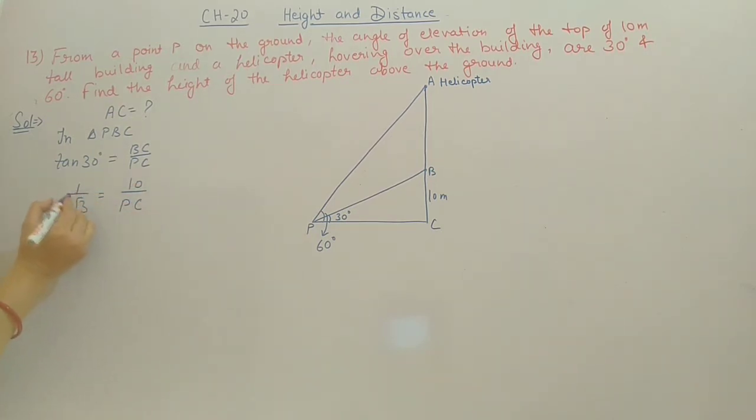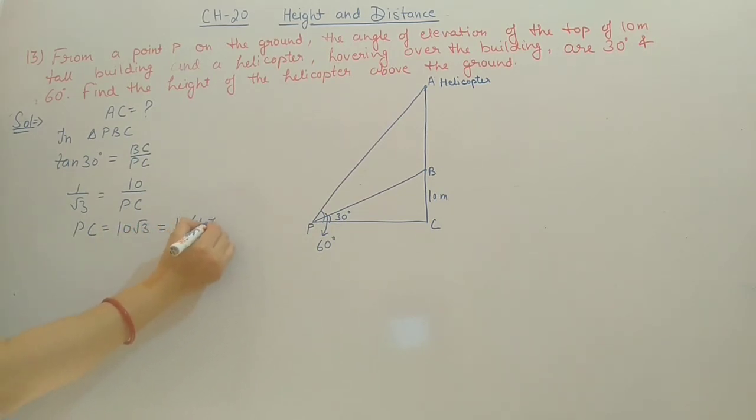Now PC shift this side and root 3 you can shift another side. So PC is equal to 10 root 3. Substitute the value of root 3, 1.732. So you will get PC is equal to 17.32 meter. Now we will come to the next triangle, in triangle APC.